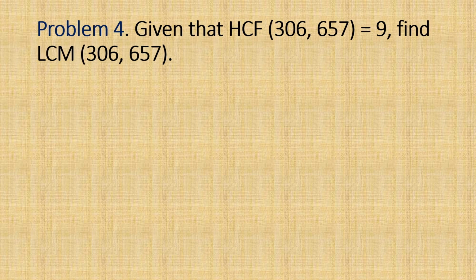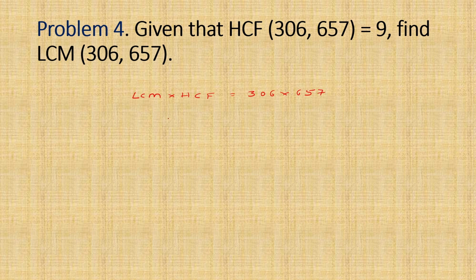Next, given that HCF of 306 comma 657 is equal to 9. Find LCM. Here two numbers are there. We will write the formula LCM into HCF is equal to product of the numbers, that is 306 multiplied by 657.